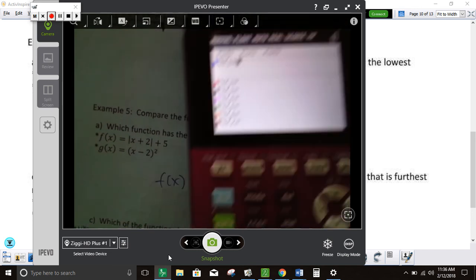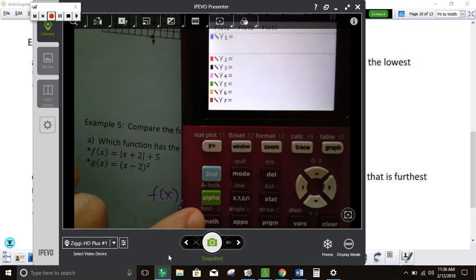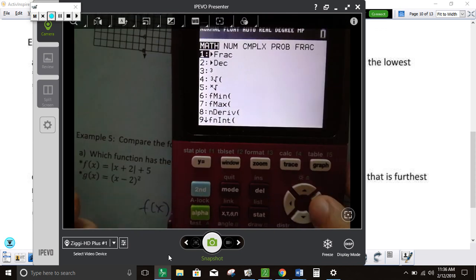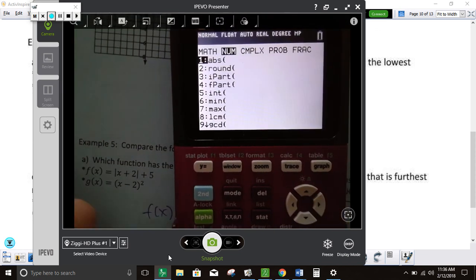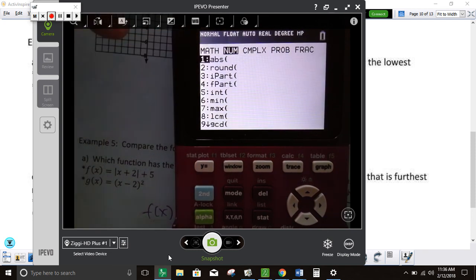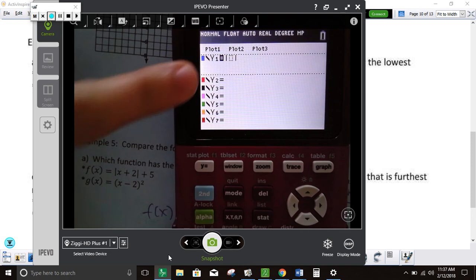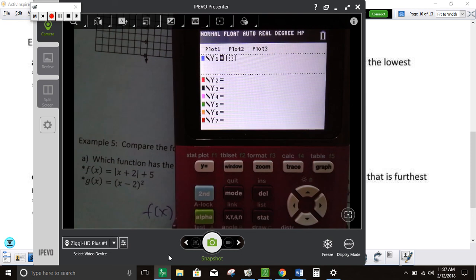So if you go to the math button right here underneath the alpha button and scroll over to number, that very first one, ABS, stands for absolute value. So if you push enter, you should get either ABS with a parenthesis, or you should see actual absolute value marks.